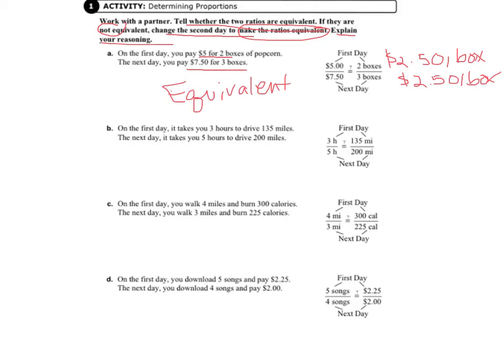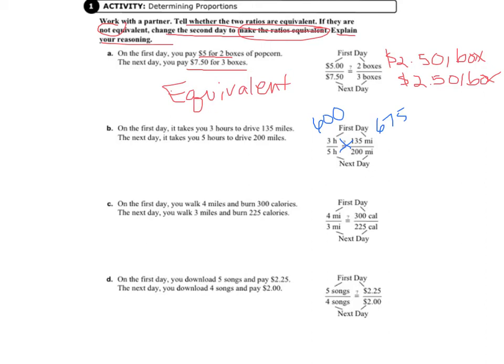So 3 times 200 equals 600, and 135 times 5 is equal to 675. So these are not equivalent. So we drove 75 miles fewer on the first day than we did on the second day.